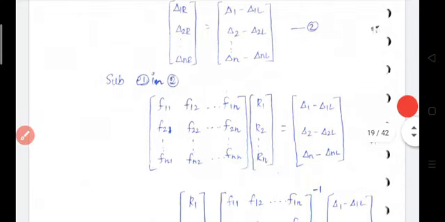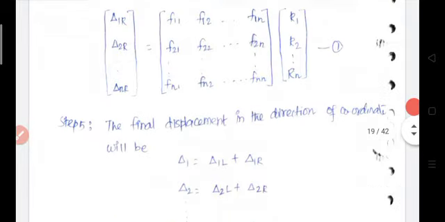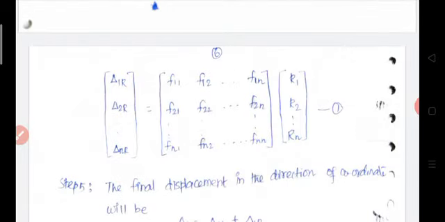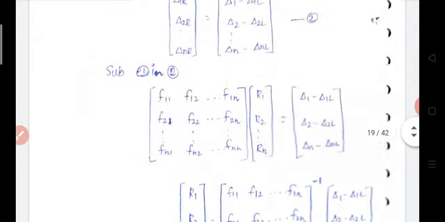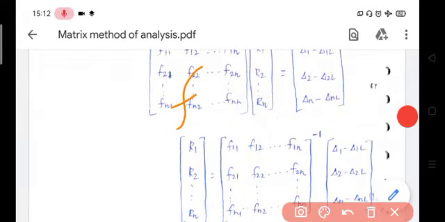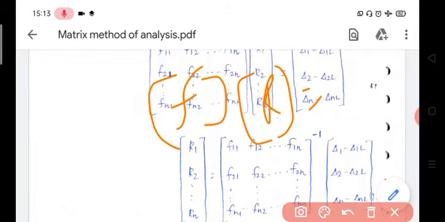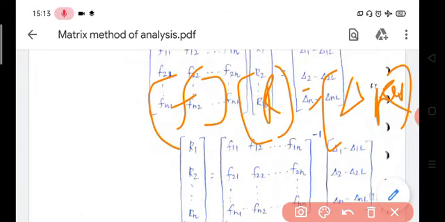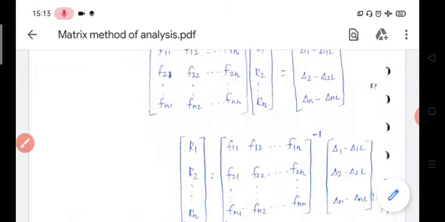So, delta 1r, delta 2r matrix is equal to the flexibility matrix into reaction. It can be simply written as F matrix into R matrix is equal to the delta net matrix, sorry, is equal to delta R, the redundant displacement matrix.